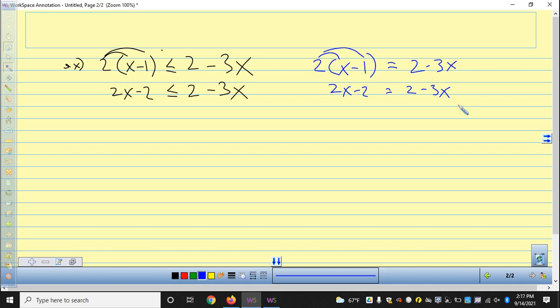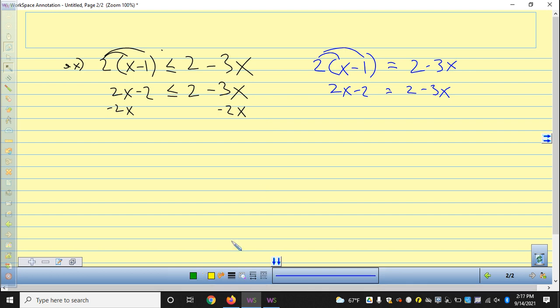All right, so what's our next step here? We have these x's on both sides. Let's get all the x's together. So how do we want to get the x's together? Subtract. Which side do we want to get them on? Let's decide that first. Get them on the right? Okay, so to get them on the right, I'm going to subtract 2x.